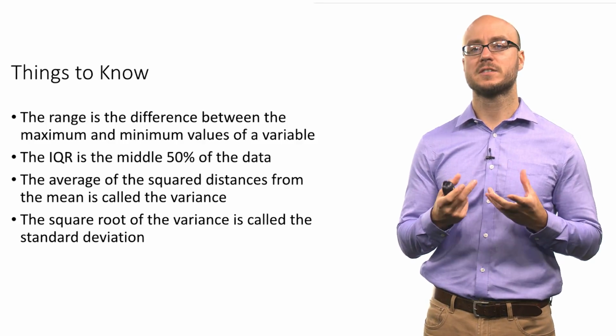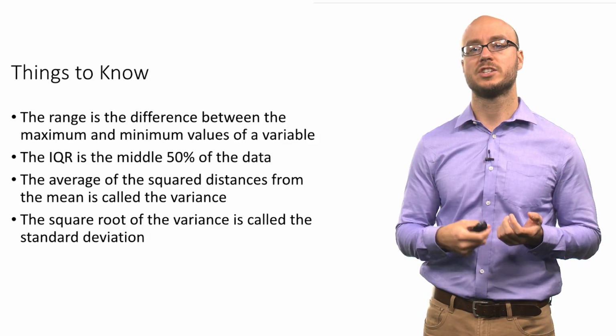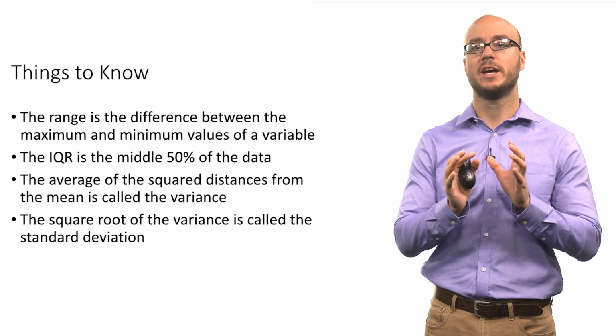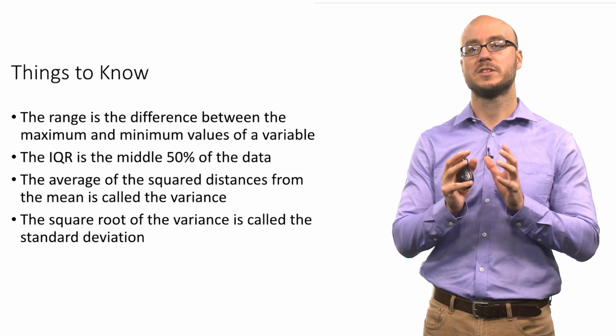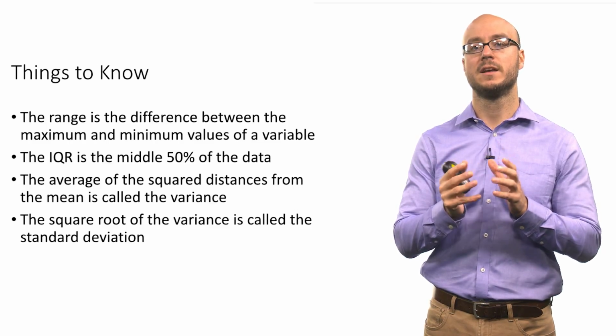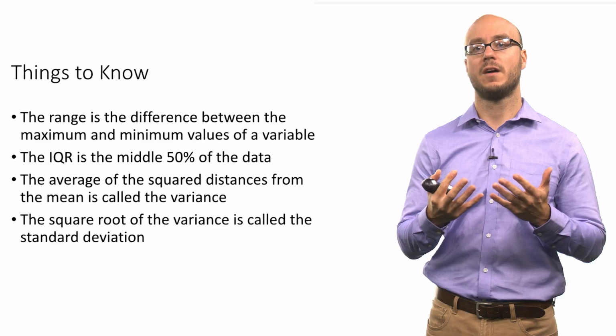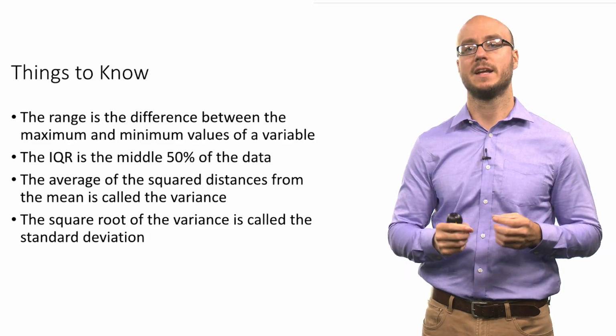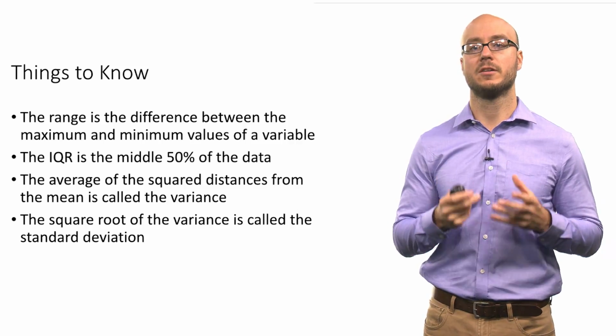The formulas differ slightly for the sample standard deviation and the population standard deviation, but conceptually, all you're doing is taking the sum of the squared distances from the mean, dividing by the total number of observations or degrees of freedom for a sample, and taking the square root of that, and that will give you the standard deviation.